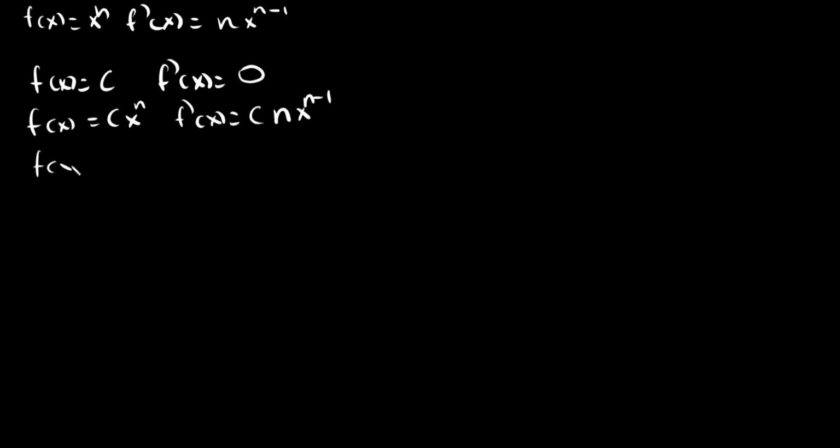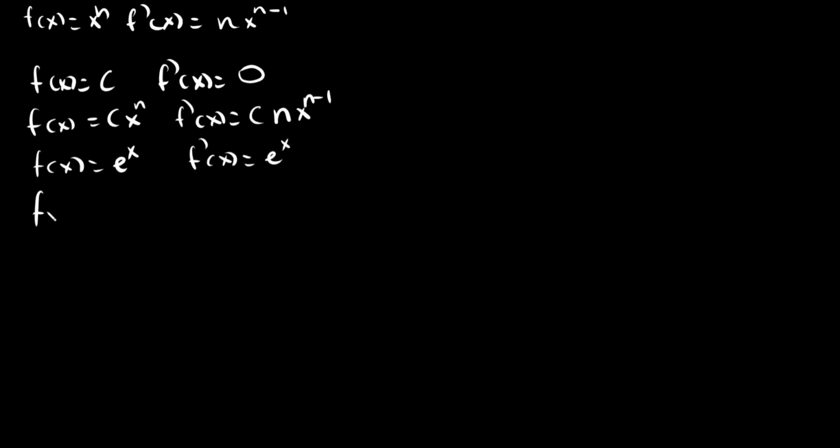Now, f of x equal to e to the power of x. You're going to get f prime of x equal to e to the power of x. I don't want to prove it to you. I don't want to go through every single thing again.